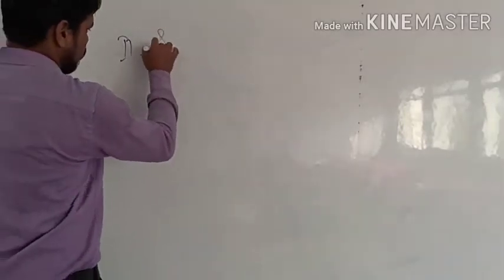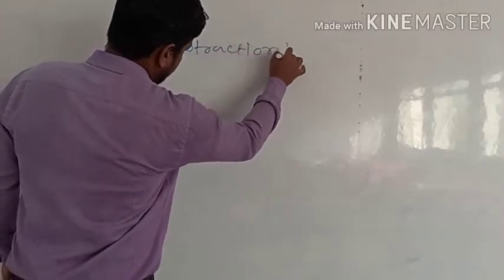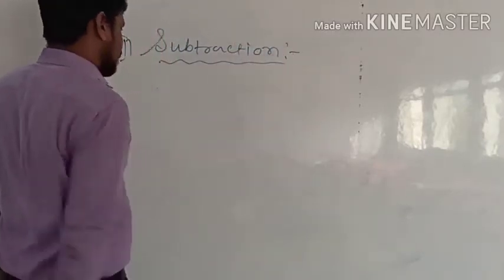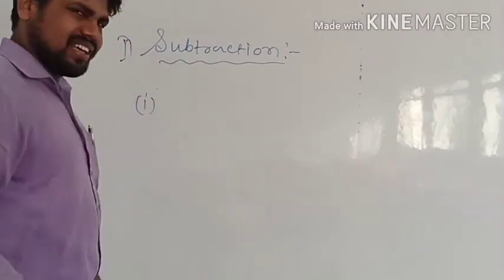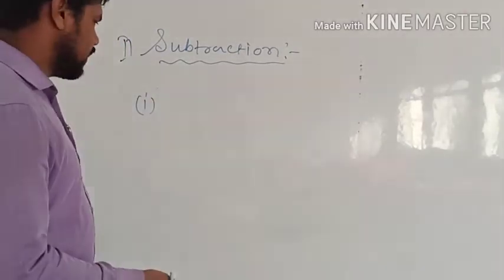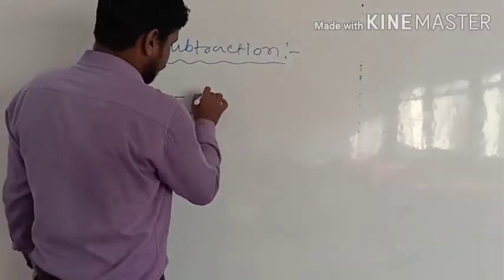Now second we have subtraction. What we need to take care of in subtraction is the same thing, but instead of addition it is subtraction. So first thing, suppose I am asking 5 less than a literal x.